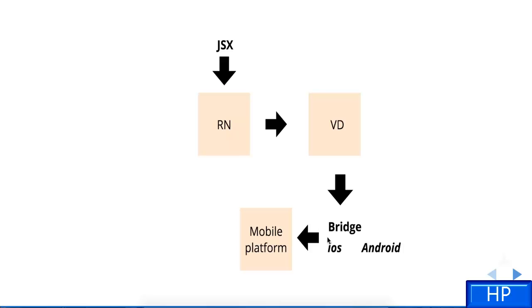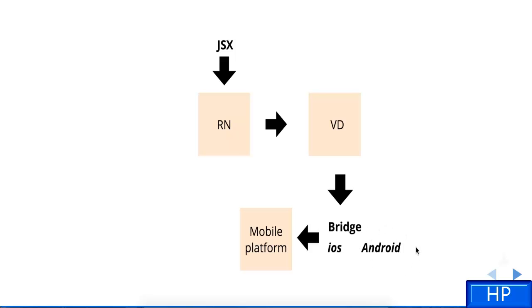If you note down the process clearly, we are converting the JSX component like view into something iOS specific, a UI view. Similarly, if the case is to be running on Android, the same view component will be converted into a class view.